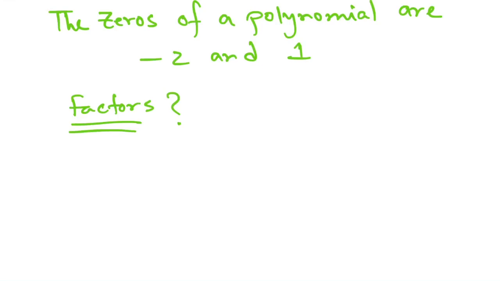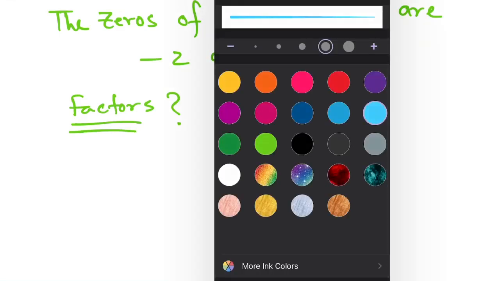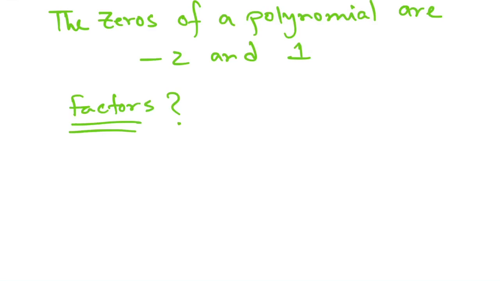There are two ways you can find that out. I'm just going to show you the easiest way. If I have -2 and 1, you can think of 1 as +1.